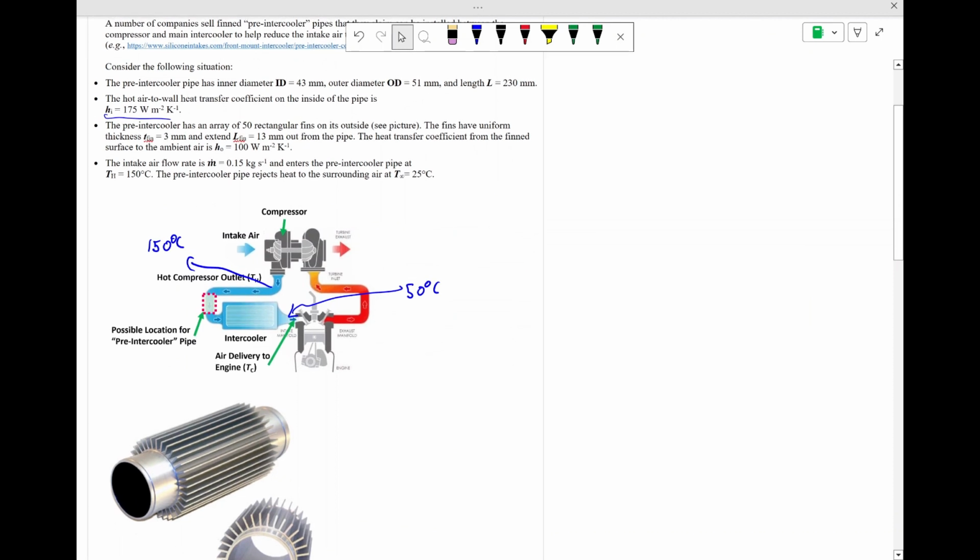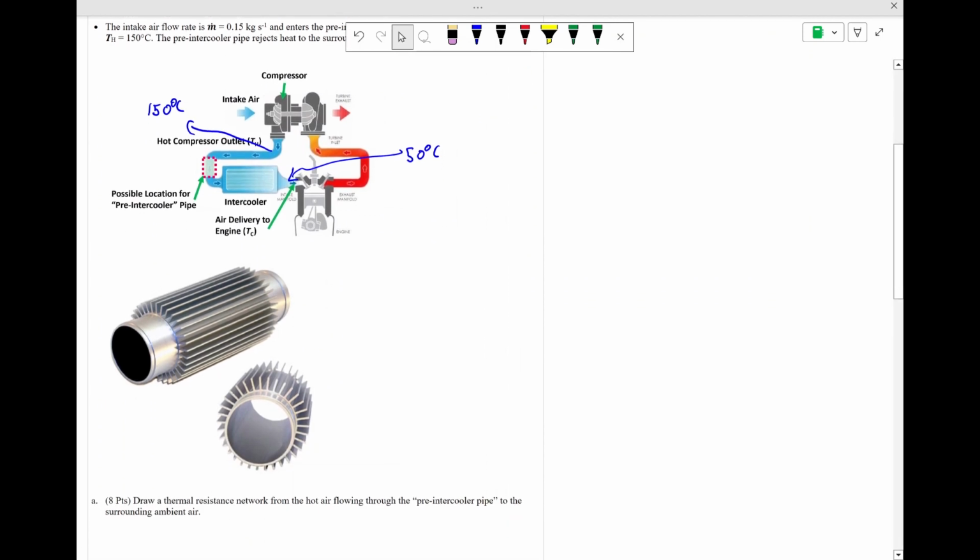Here are some geometry properties for that. And then there's convection on the outside of that. We want to see if this actually makes a meaningful difference to the performance of the system. In other words, does this add a significant amount of cooling capacity, or is it just kind of eye candy and a scam?